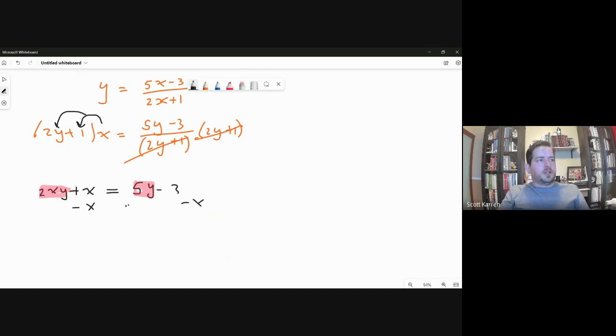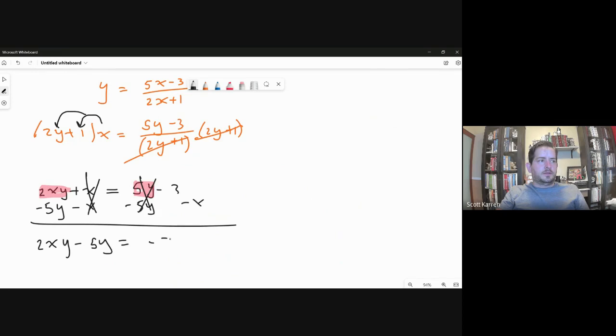But I'm also going to subtract 5y from both sides. The x's cancel on the left, the 5y's cancel on the right. And I've got all of my terms that involve a y on the left, and anything that doesn't have a y on the right.